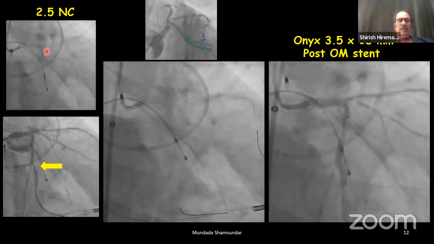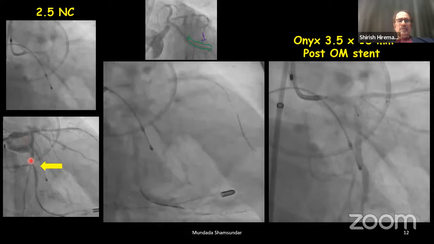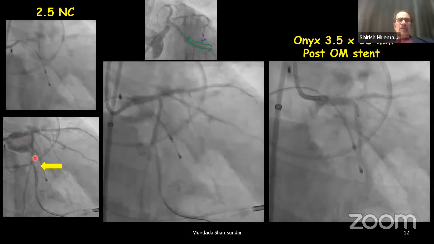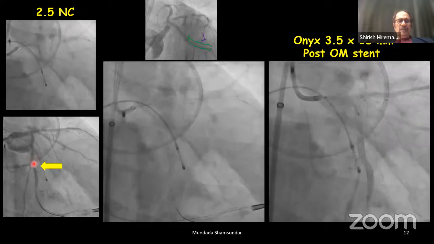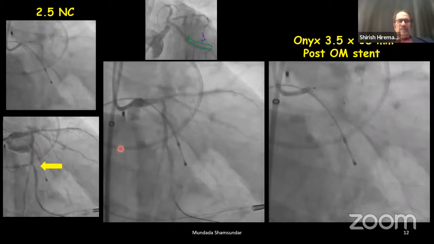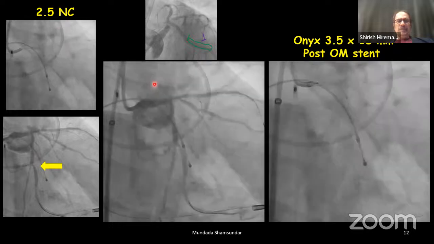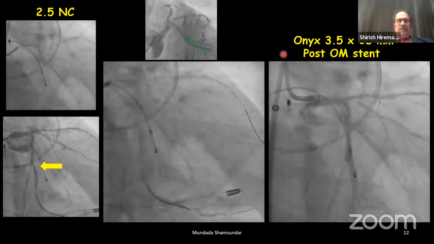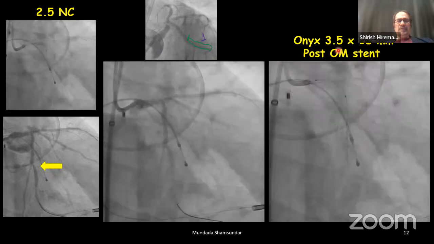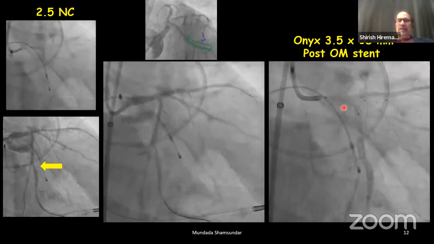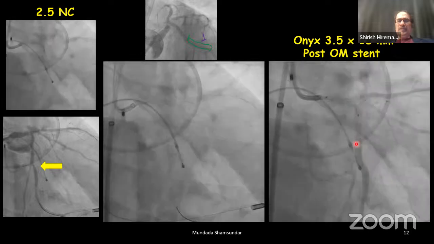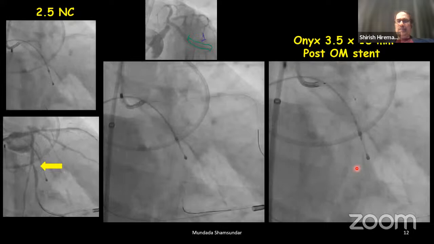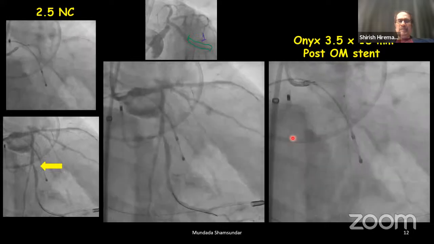The whole idea was to dilate the simple lesion first and stent it. So this is the lesion here. It was dilated with 2.5 NC and then a 3.5 by 18 Onyx stent was placed at this site. So we have taken care of the simple lesion in the circumflex.